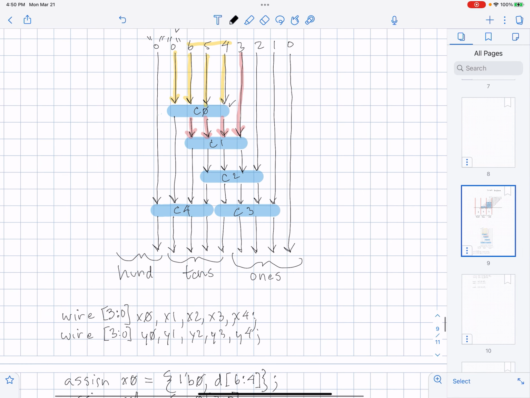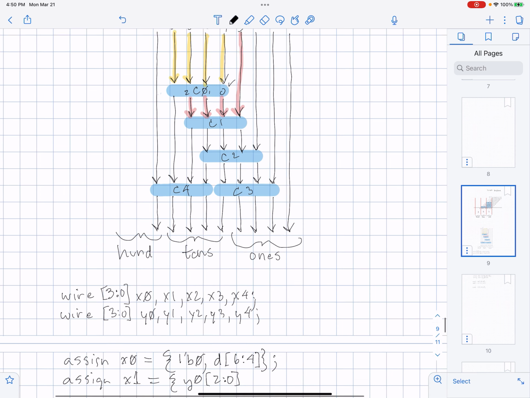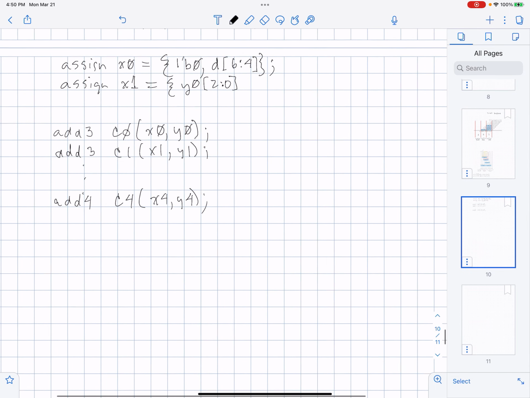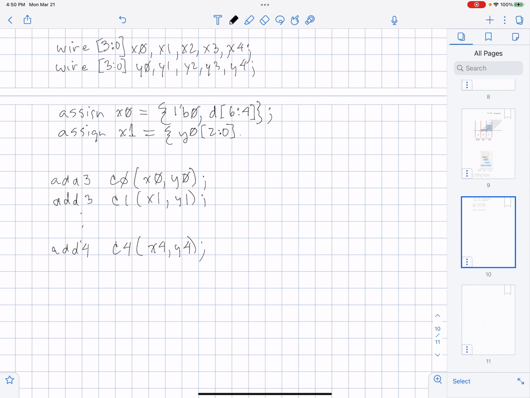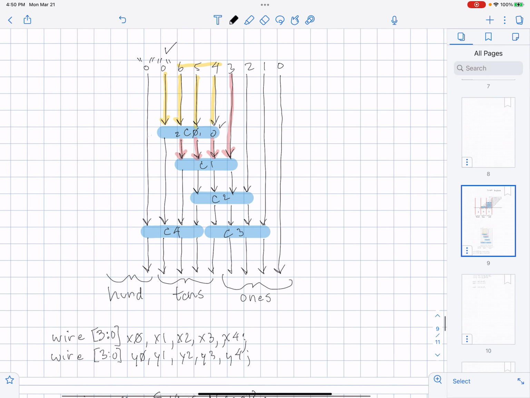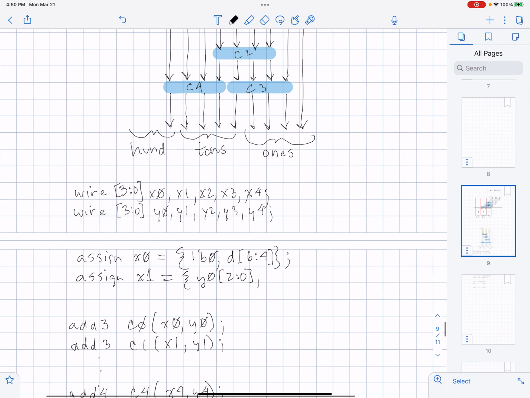Okay, so you see the input here, 2, 1, 0, are the outputs of C0. All right, I think you're following me. And then the input is D3.